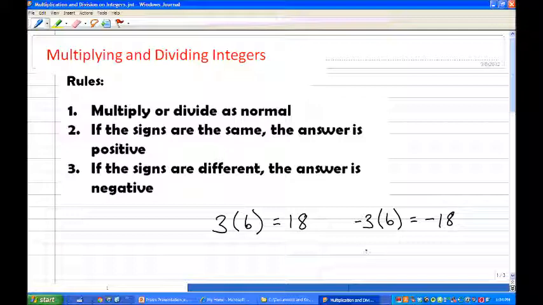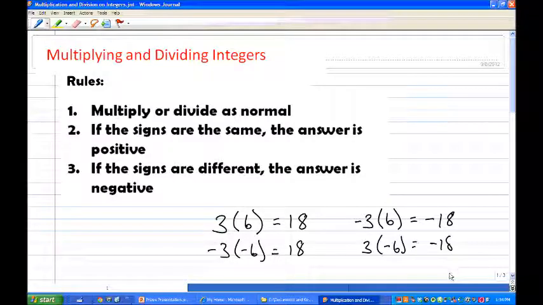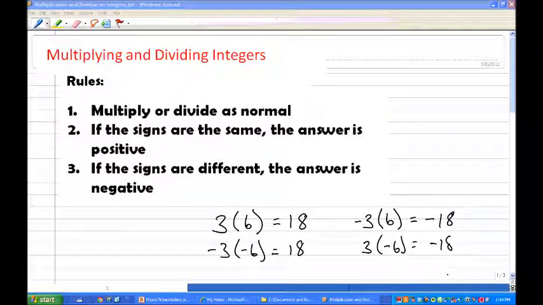One of them is positive, one is negative. If I did this, negative 3 times negative 6, this is also a positive 18 because the signs are the same. They're both negative. Your answer ends up being positive. And then here, if I did this, this is also a negative 18. That's nice.